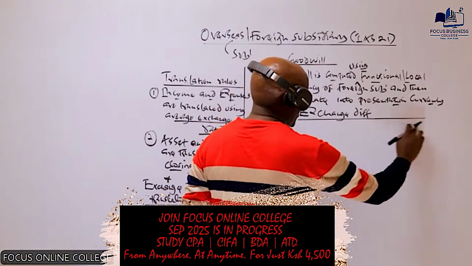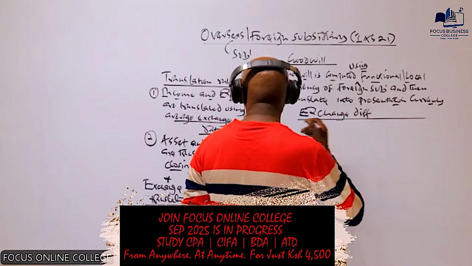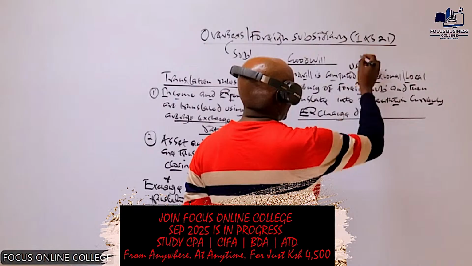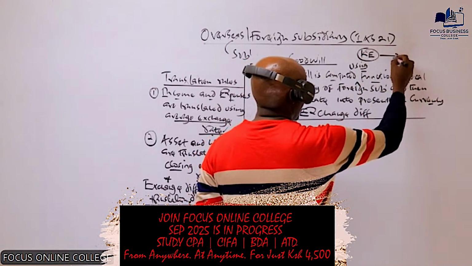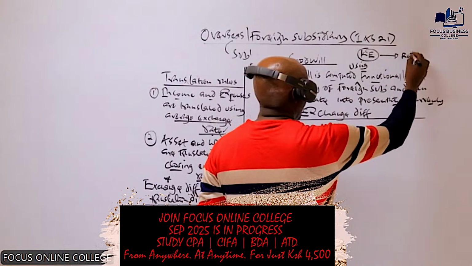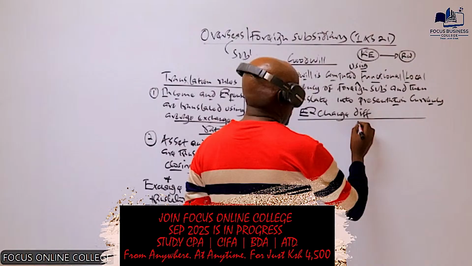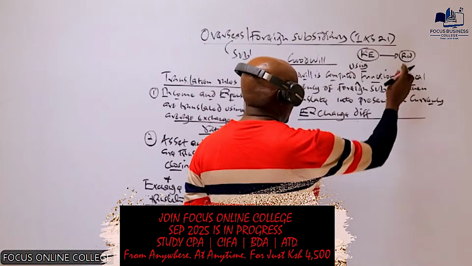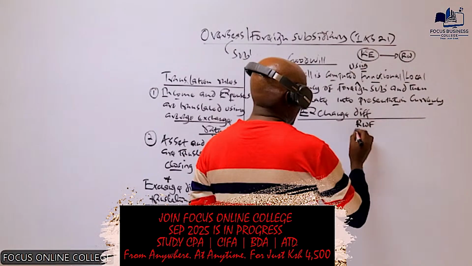We need to have a number of columns here. In this case, I will assume our parent company operates in Kenya, but the foreign subsidiary operates in Rwanda. So here we have the local currency of the foreign subsidiary, assuming it is Rwandan franc.